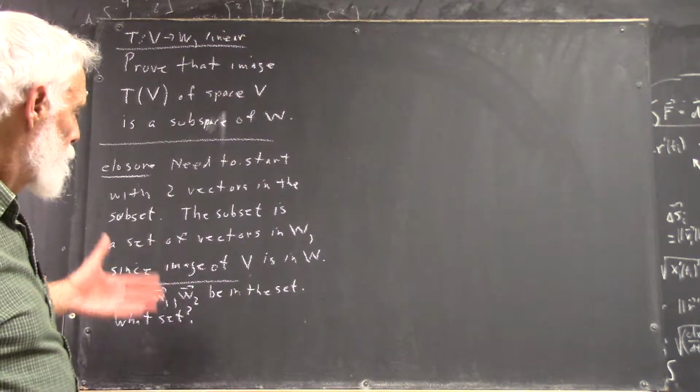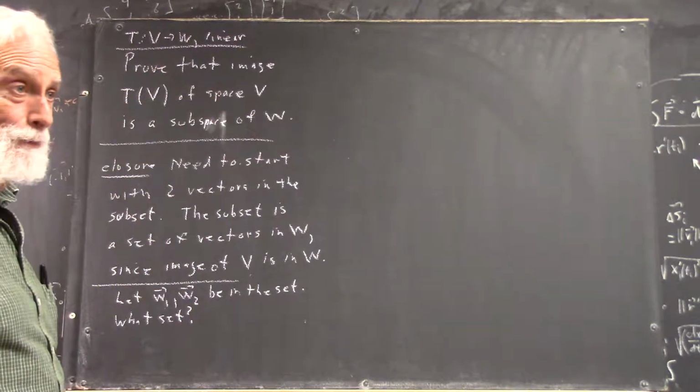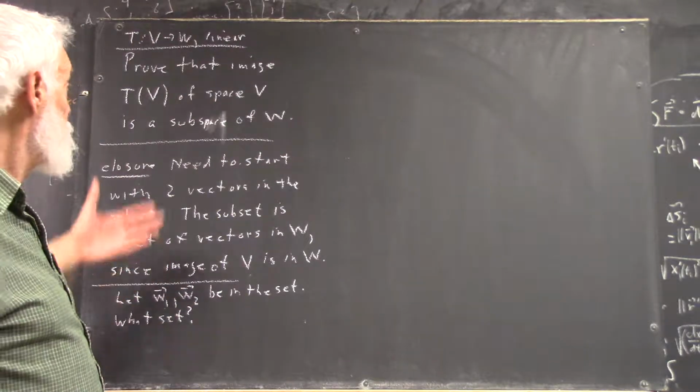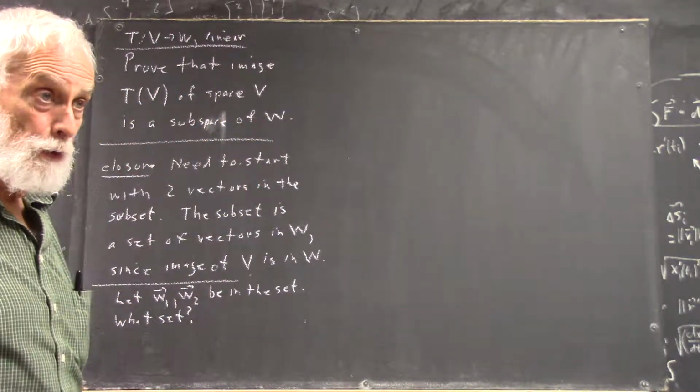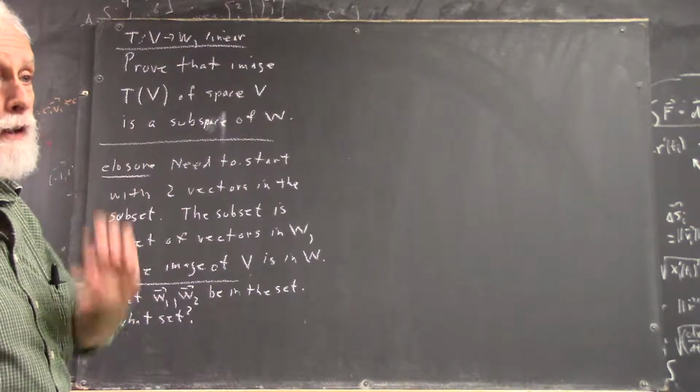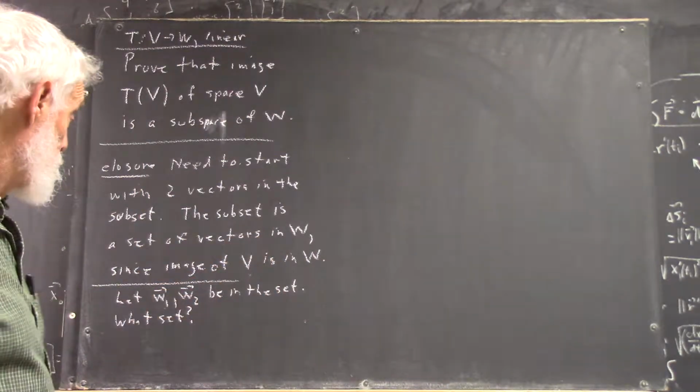Well, at least one person said in W. Well, W might have things that aren't in the set that we're looking at. The set that we're looking at is the image of V, right?